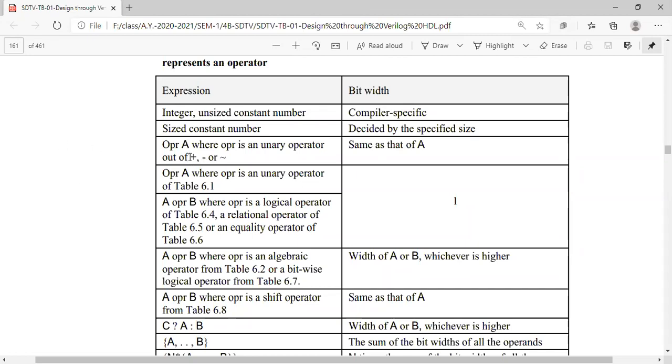So for the unary operators, plus, minus and not, what does this mean? This indicates whether it is a positive number or a negative number. And if I have some bits for A and I use this, it will negate the bits of A, so automatically it will have the same size.